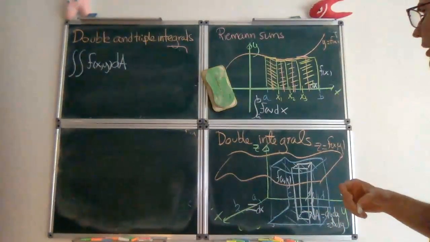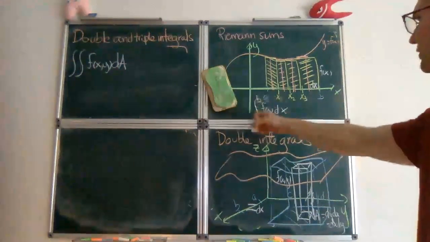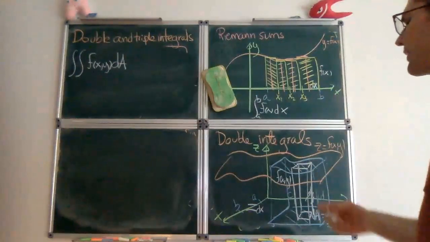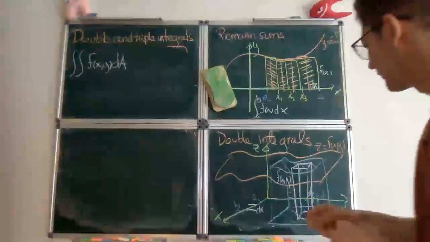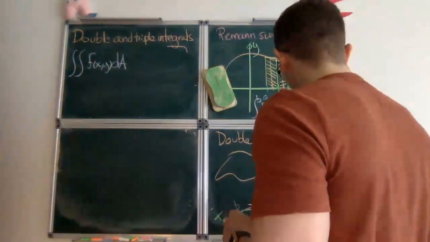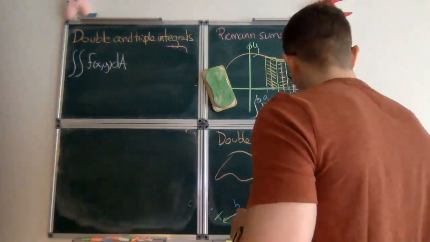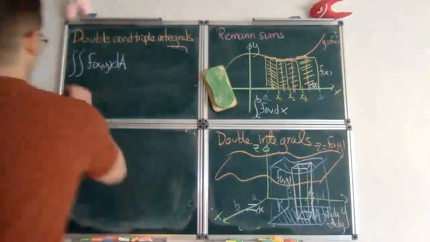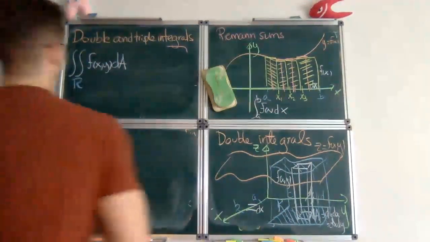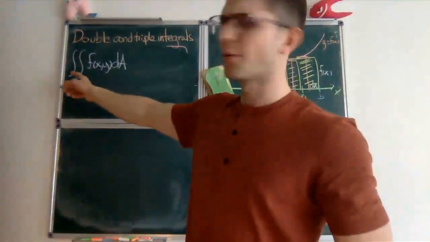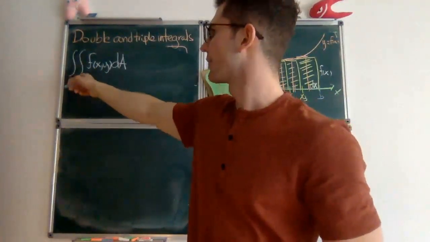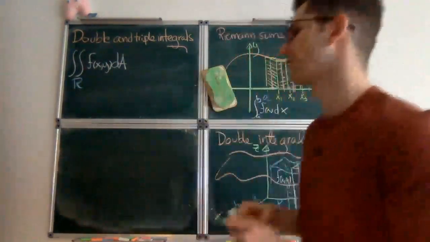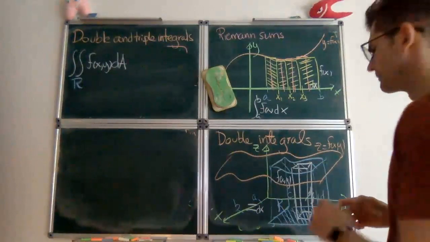And before we would specify the bounds of integration as being a to b, because that was the smallest and largest value of x. For now, if you call all of this region R, all this blue region R, then we are just going to write here R. In a moment you'll see that the point of writing two integrals is that one will be from A to B and the other from C to D. It's just that you have to be careful about how to write them appropriately.